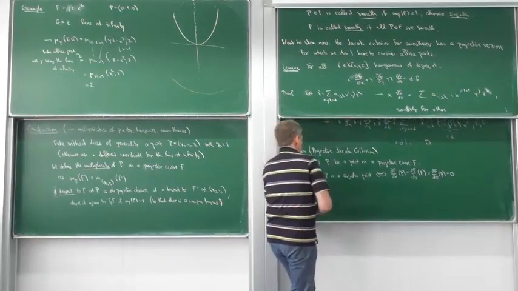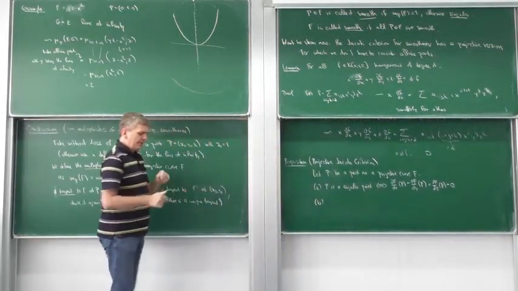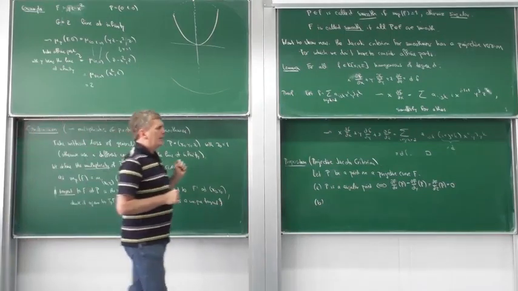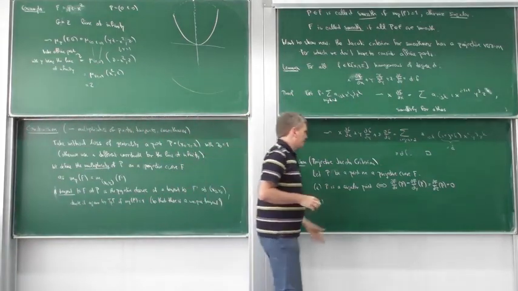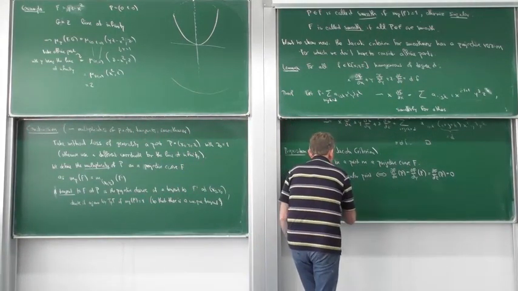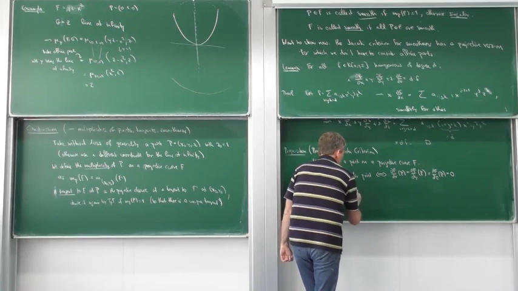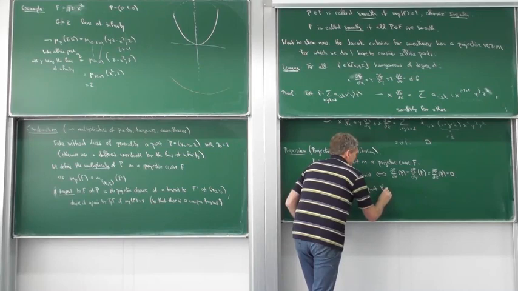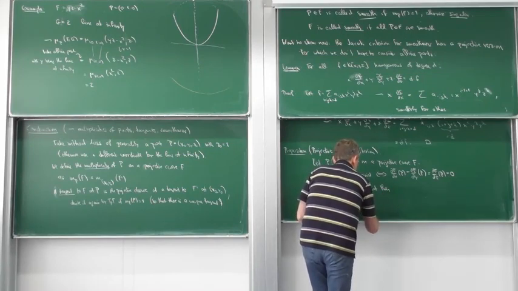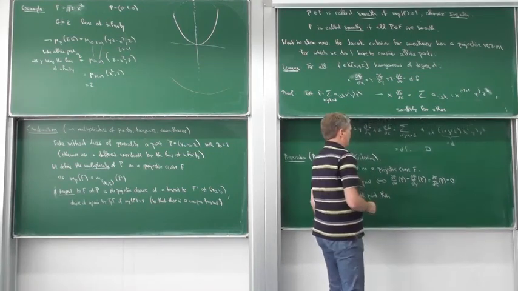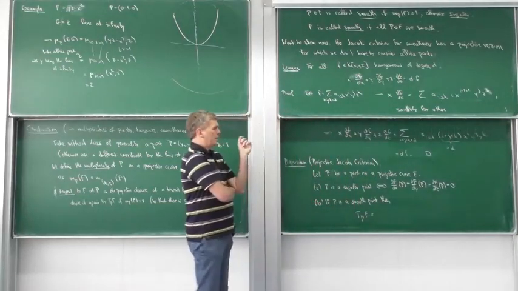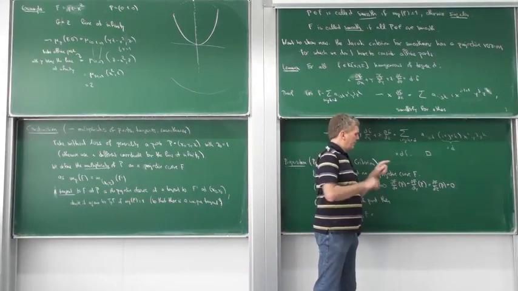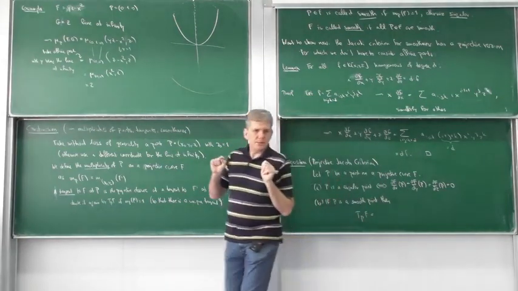B, so part B of the affine Jacobi criterion was, if it's a smooth point, well, then it has a unique tangent, and we could actually say what the tangent is, and the same is true here. So if P is a smooth point, then the tangent T_P F is given by, and if you recall, the affine result was we have the partial derivatives, that we only had two, as coefficients in front of x minus x0 and y minus y0.